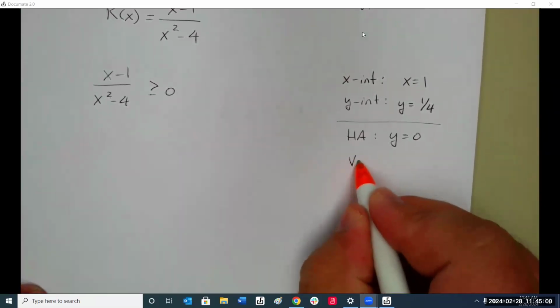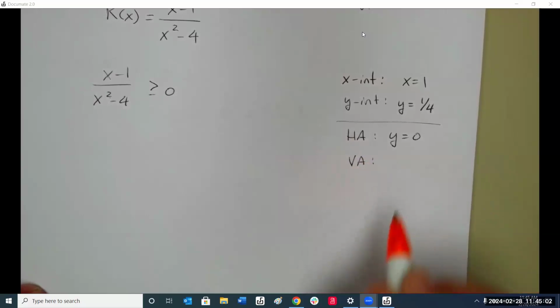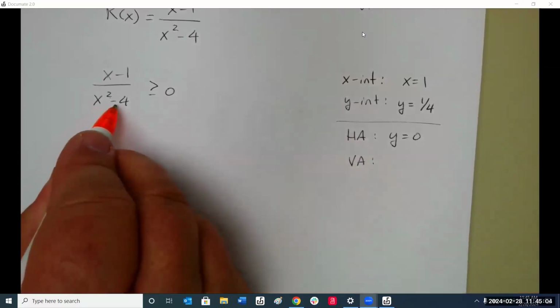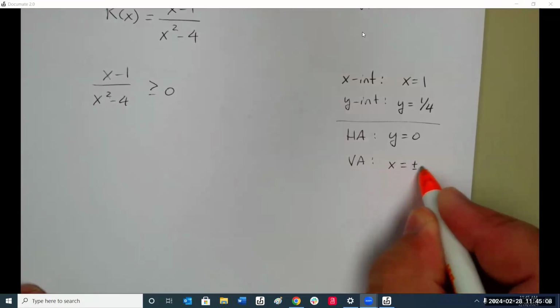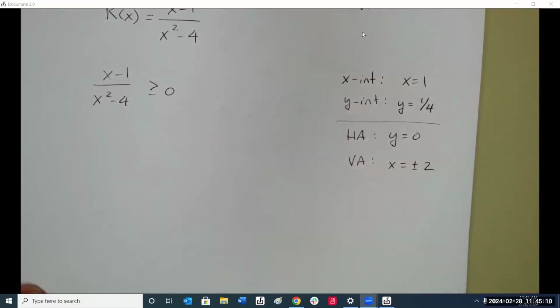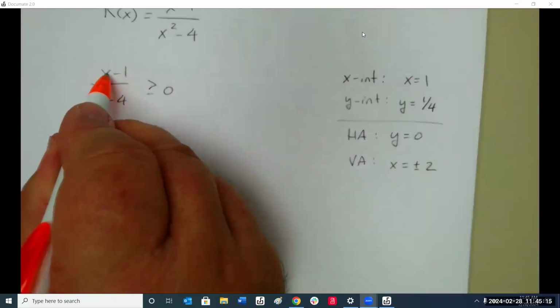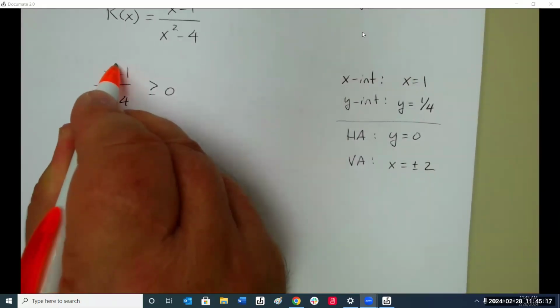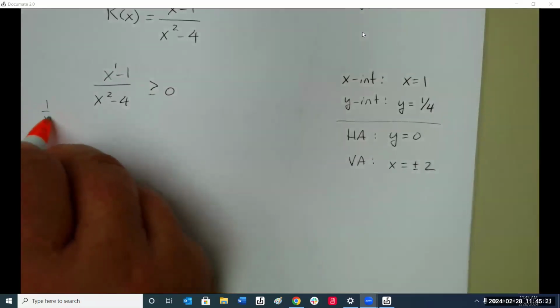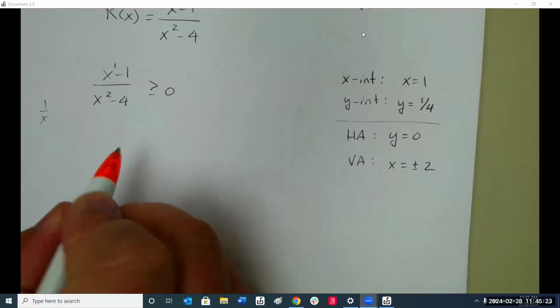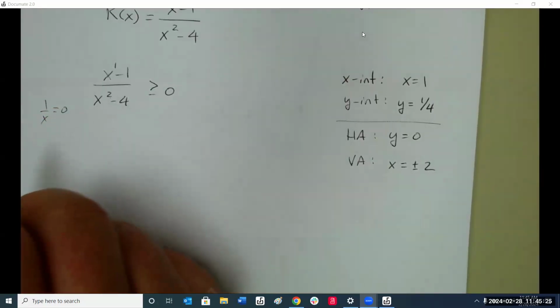And our vertical asymptote, set the bottom equal to 0, we get plus or minus 2. How did you do the horizontal? Look at the leading terms. This one only has one, this one has two. If we cancel the x's, there's more x's on the bottom. We got 1 over x. As x goes to infinity, this goes to 0.